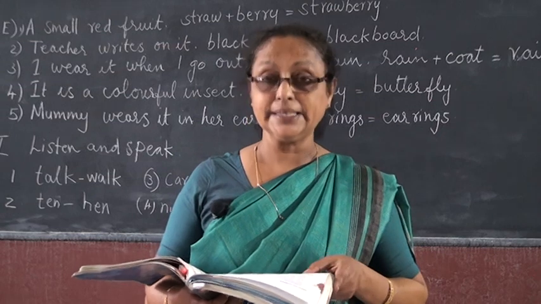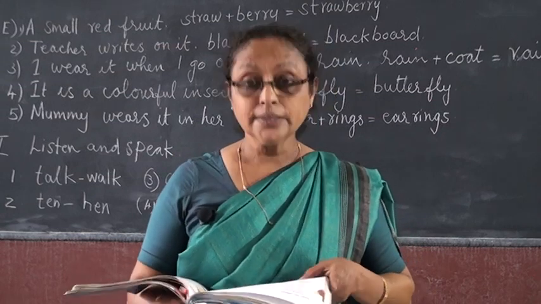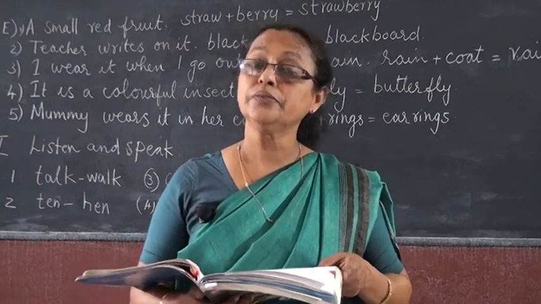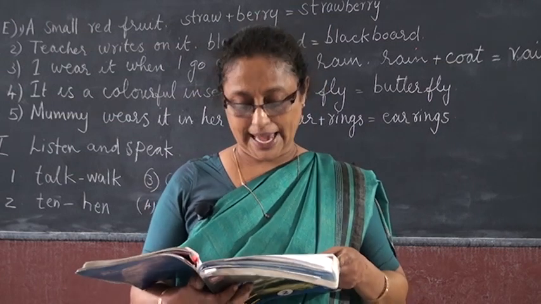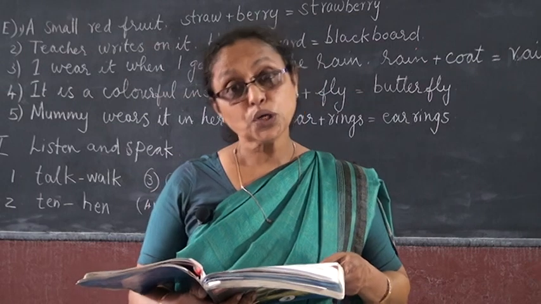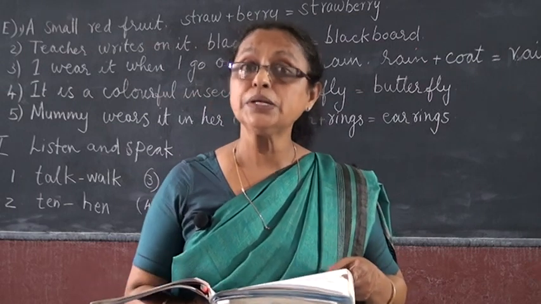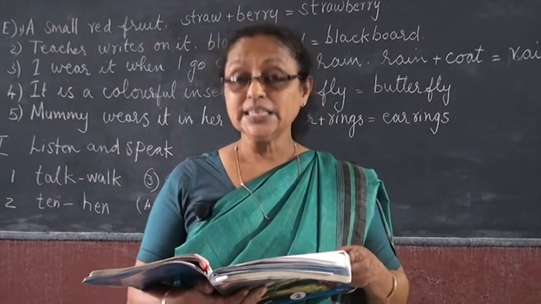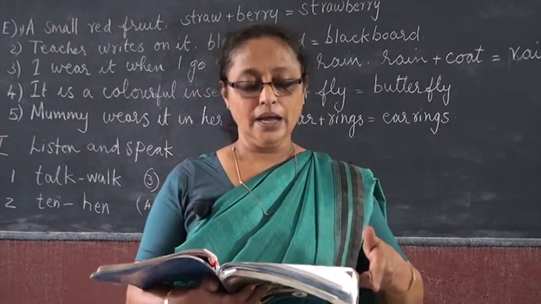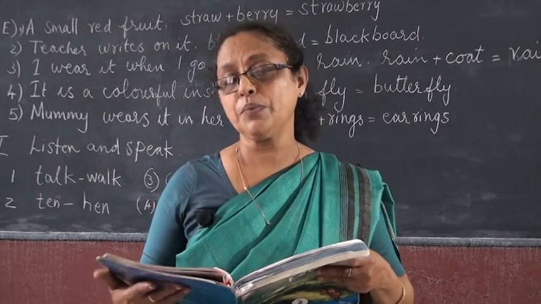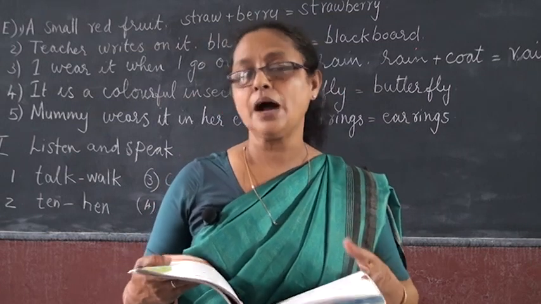You can see a notebook, then glue. And when you go to the furniture shop, what things can you see? Chair, sofa, bookshelf. When you go to the vegetable shop, what things can you see? Chilies, spinach, tomato. Okay, up to this we completed lesson number 1, the textbook and the grammar.